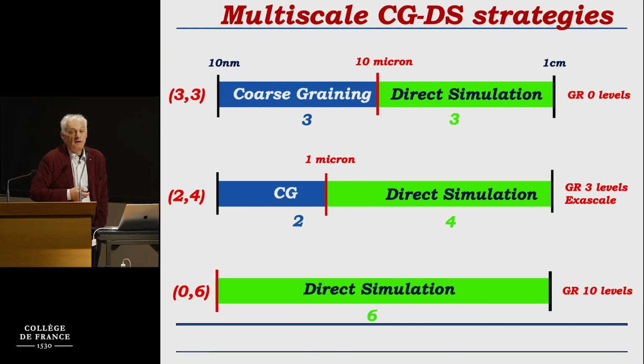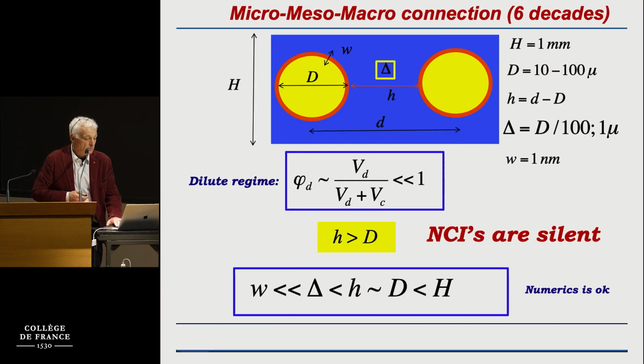And of course, whenever you cannot simulate, what do you do? You coarse grain. And the theoretical question was, how do we coarse grain what we call near contact interaction? If you have an exascale computer, which would not be enough, but suppose it is enough, then you can do all the simulation. If you have a small computer, you have to use much more brainware and try to figure out what a sensible coarse graining would be.